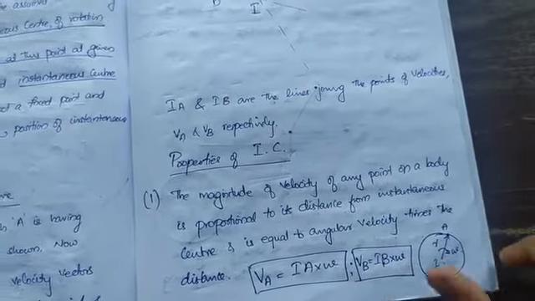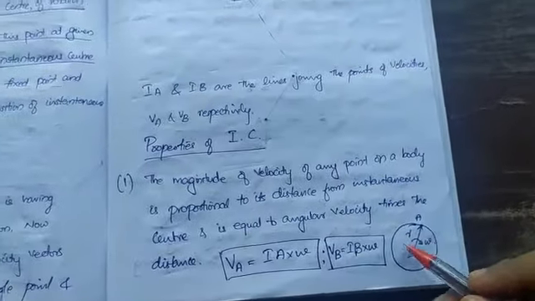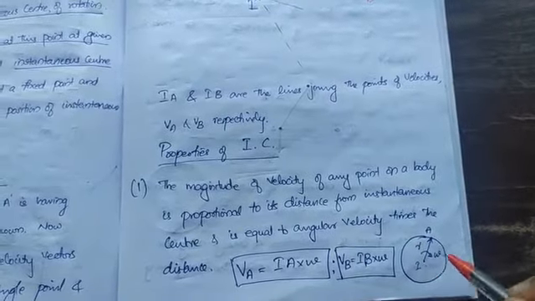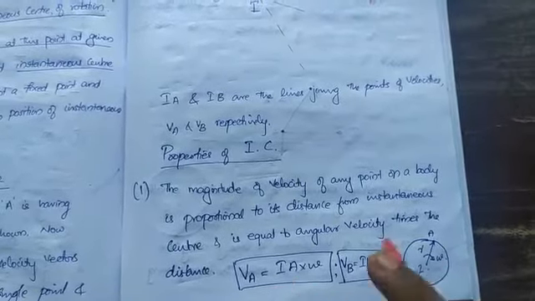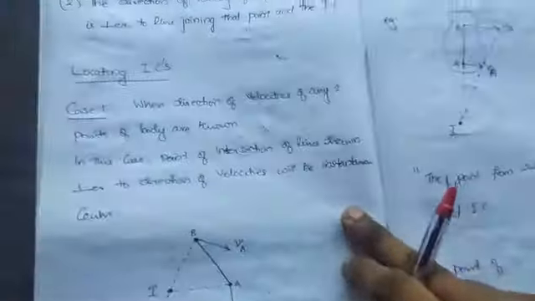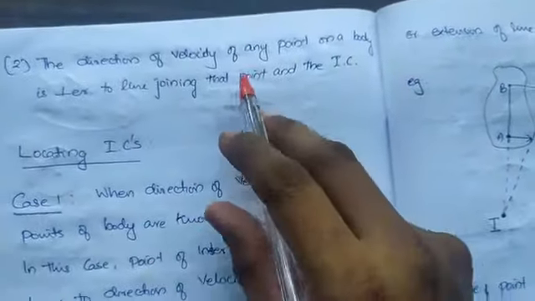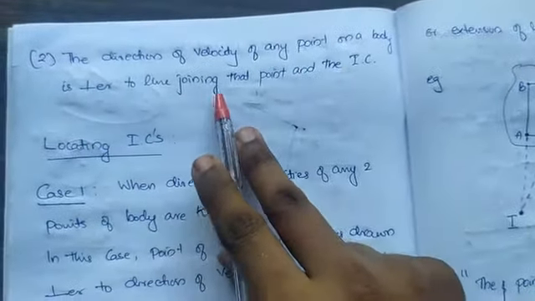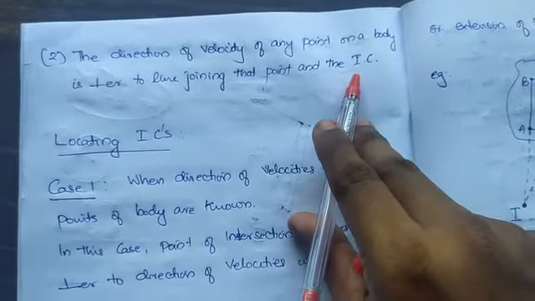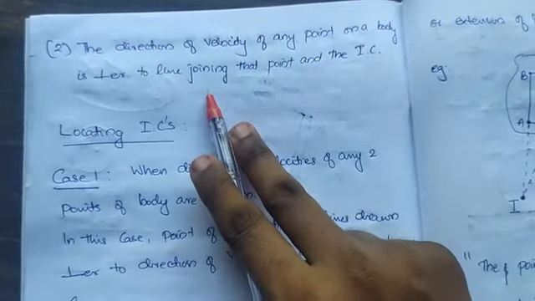For B it is IB into omega. You know how this came? This is considered as pure rotation, so r omega. Instead of r, you have the radius from the instantaneous center, that is IA and IB. The direction of velocity of any point on a body is perpendicular to the line joining that point and the instantaneous center. That I have already told.